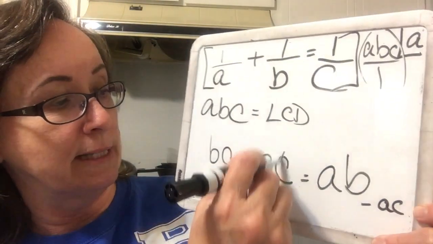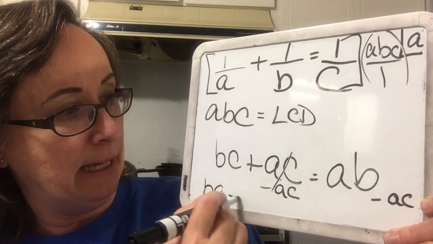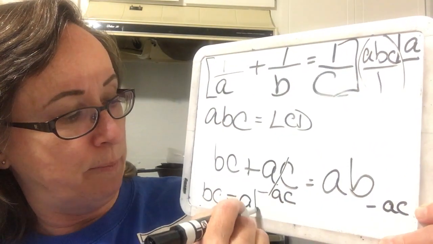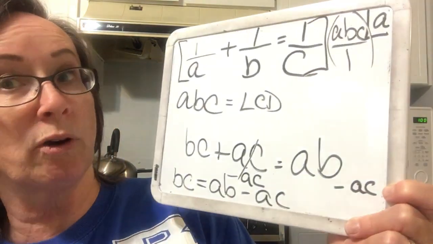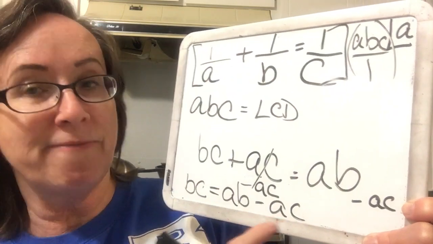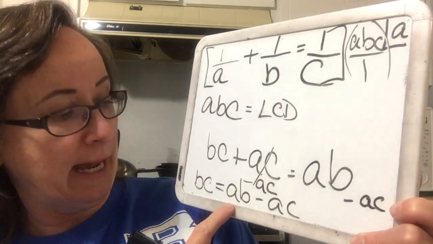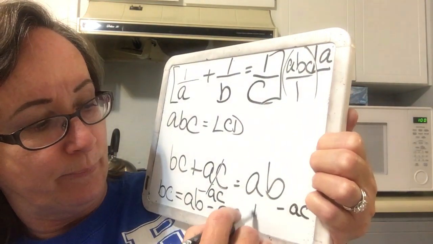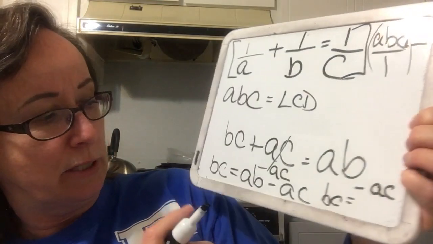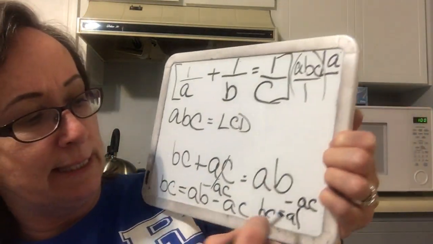Since that goes away, I've got bc equals ab minus ac. But I'm trying to get to a. What if I factor a out? So I'm going to factor a out to the front, and I'm going to get bc is equal to a times b minus c.